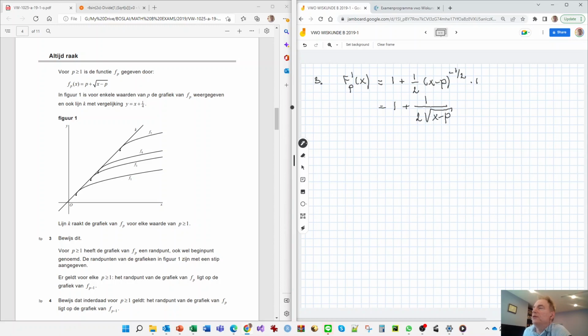And then we just need to show that at some coordinate x, this is equal to 1, which is the slope of k.